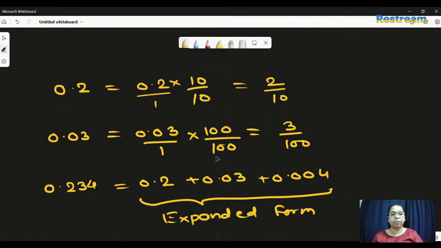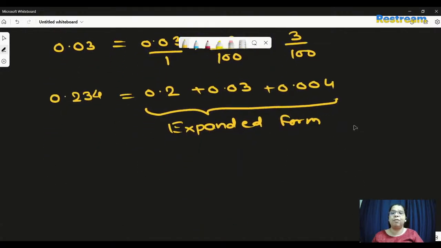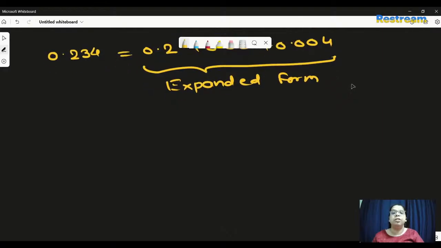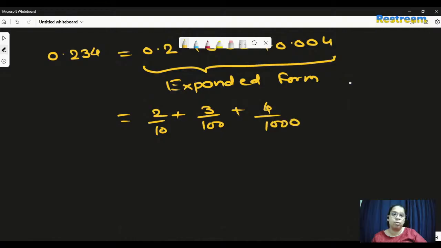This is the expanded form of 0.234. If we have to write it in fraction form, we will write 2 over 10 plus 3 over 100 plus 4 over 1000. As many decimal places as there are, that many zeros in the denominator.